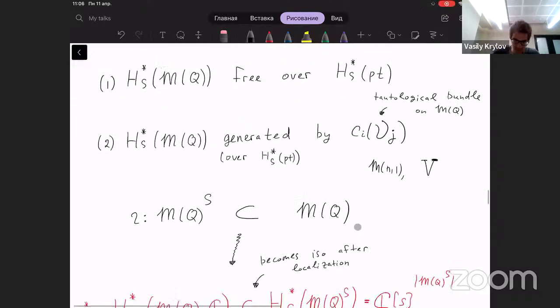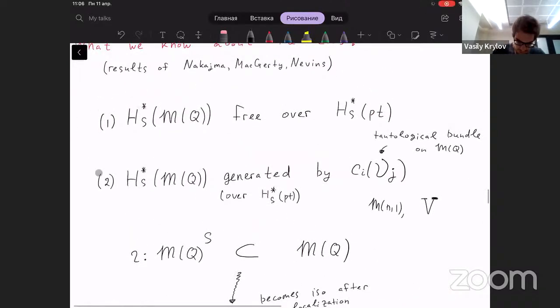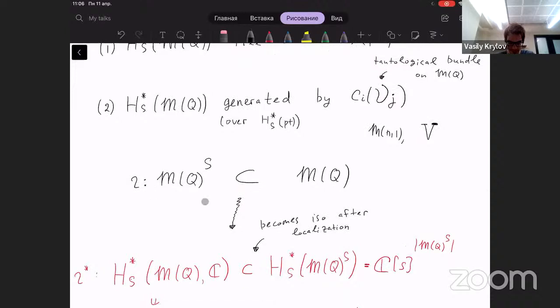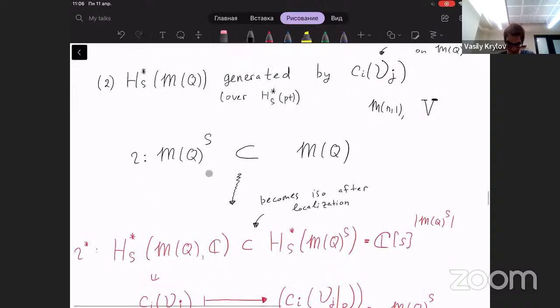Okay, great. So we have these two facts, and also we can consider the embedding of the fixed points with respect to our torus S inside the whole quiver variety. The localization theorem tells us that the pullback homomorphism with respect to this embedding, from S-equivariant cohomology of M(Q) to S-equivariant cohomology of the fixed points, becomes an isomorphism.